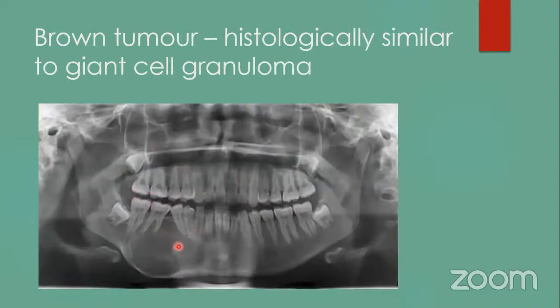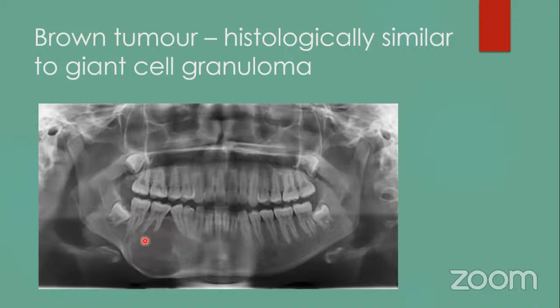So this is another image to show you the brown tumor. Histologically, it just looks like the central giant cell granuloma. So it may be unilocular or multilocular. So you have the multiloculation there. That's a radiolucent lesion, which is a brown tumor.